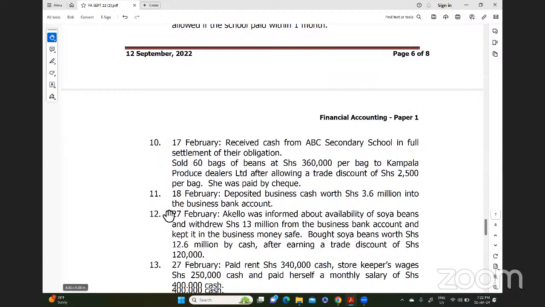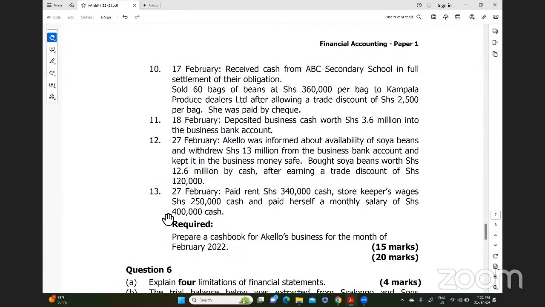All right. Sold the 60 bags of beans at shillings 360,000 per bag to Kampala Produce Dealers Limited after allowing a discount of shillings 2,500 per bag. She was paid by check. I repeat again.